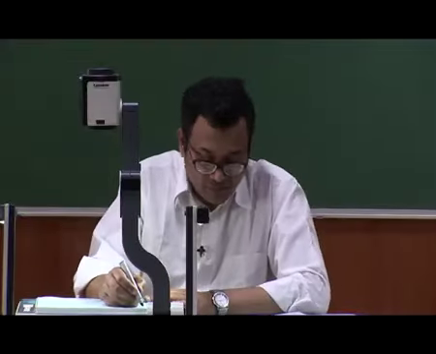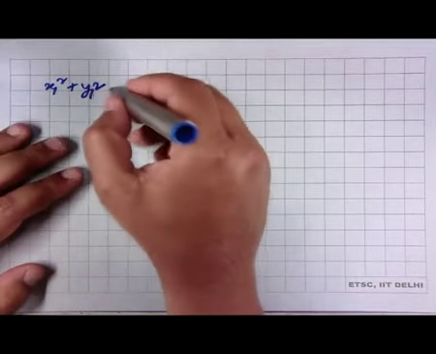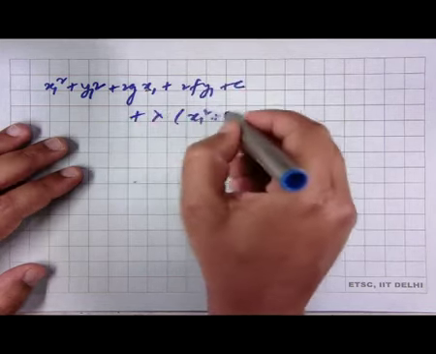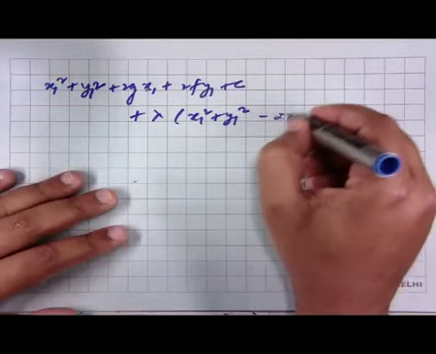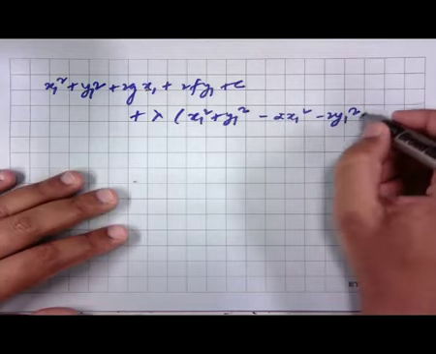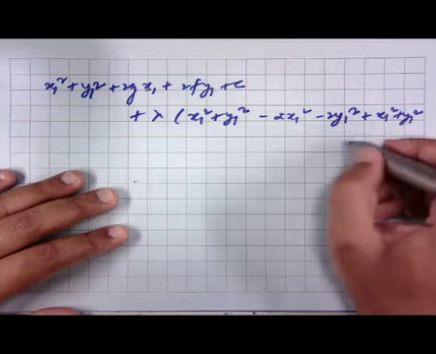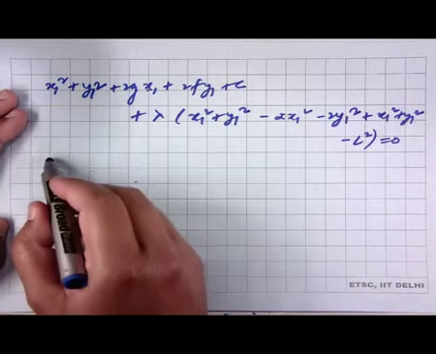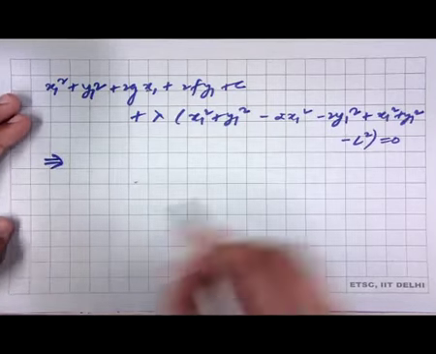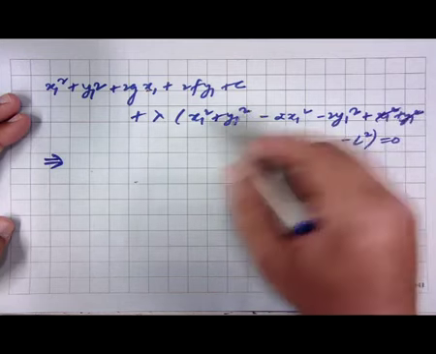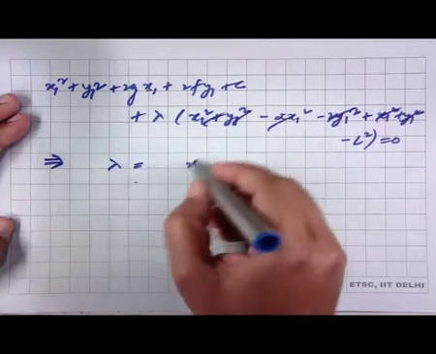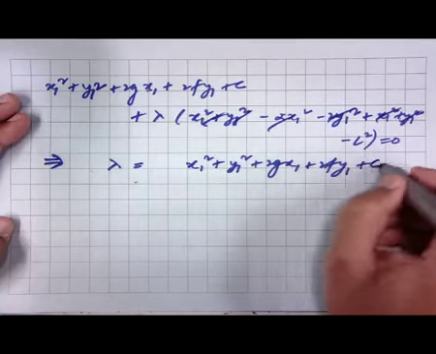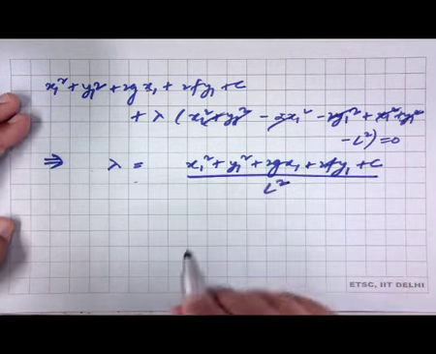So, when we do that, we get, which implies that lambda must be equal to something by L square.